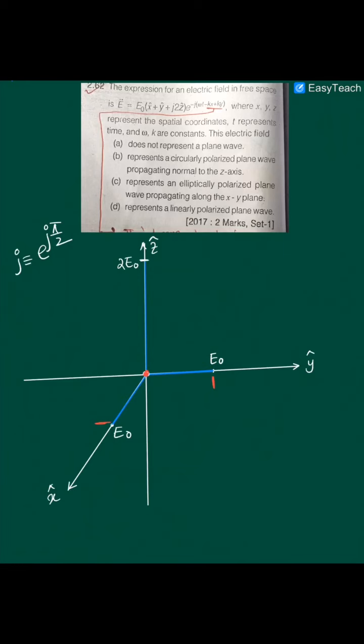So k x cap means this particular length is k, and minus k y cap is the same length. Okay, this length is k, then the vector will be the resultant of these two.